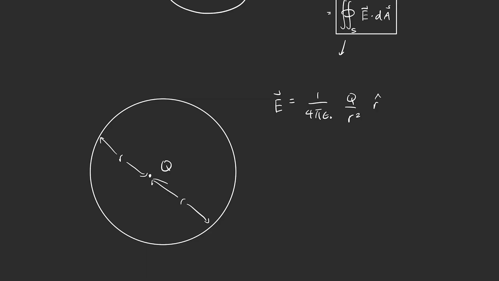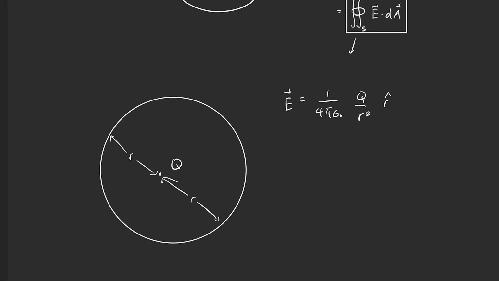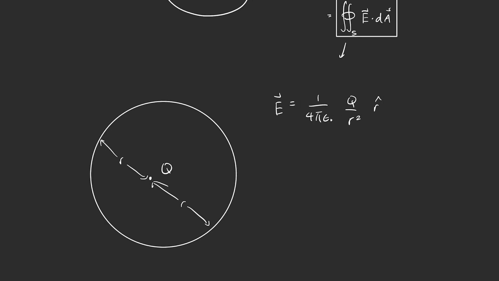And we can enclose this charge using an imaginary sphere of radius r called a Gaussian surface. And so if we have this electric field pointing out, it points out symmetrically over the sphere. And we have again our area element, which is dA.